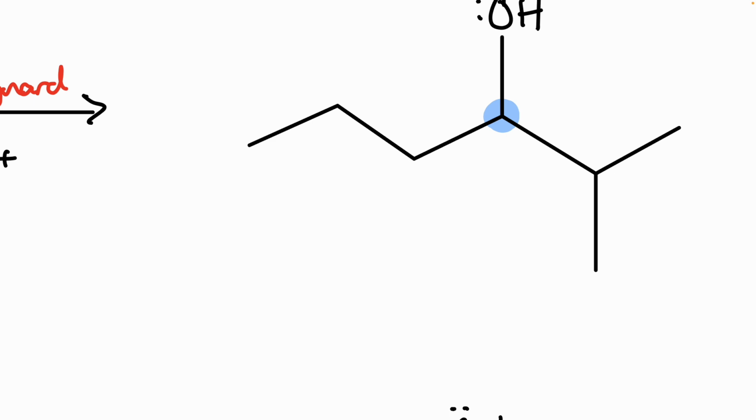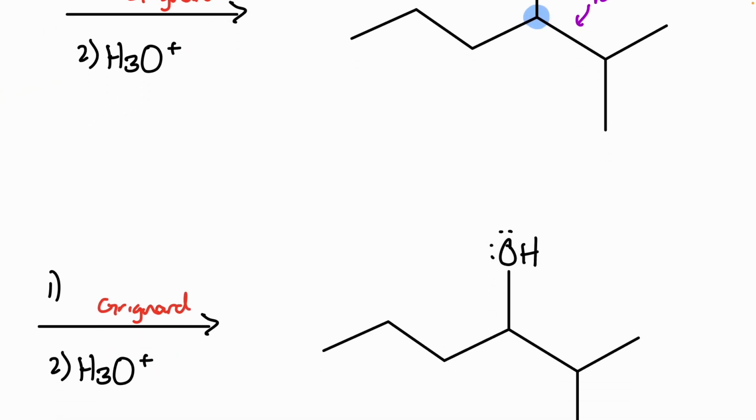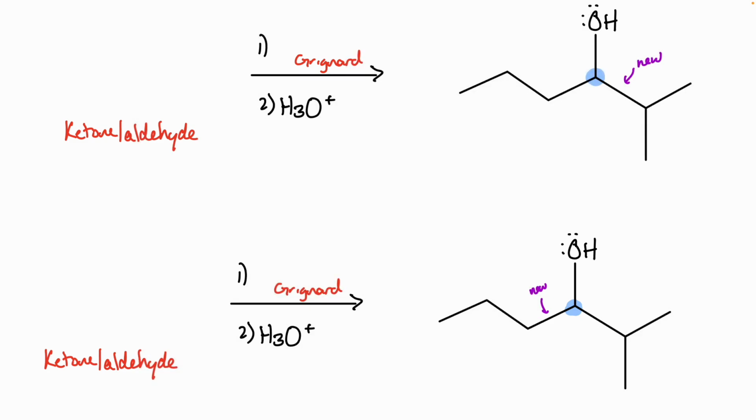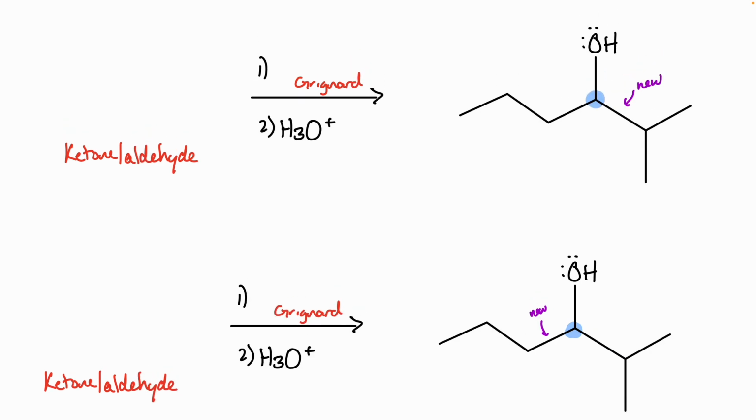But now there are two different ways that I could look at it. I could say, all right, this is my new bond. Or I could look on the other side and say, this is my new bond. Either one of those would be a way to create this alcohol. So if it's the one on top, that means these 1, 2, 3, 4 carbons were originally in my aldehyde.